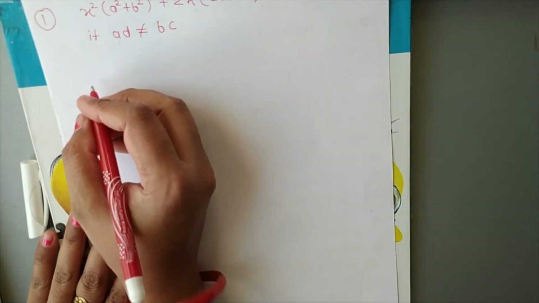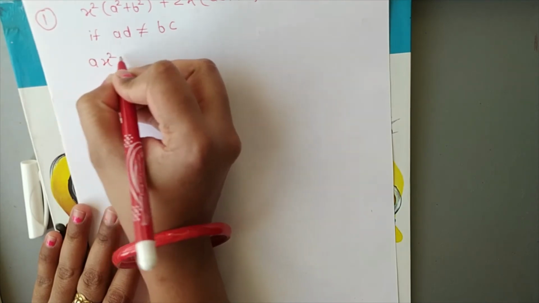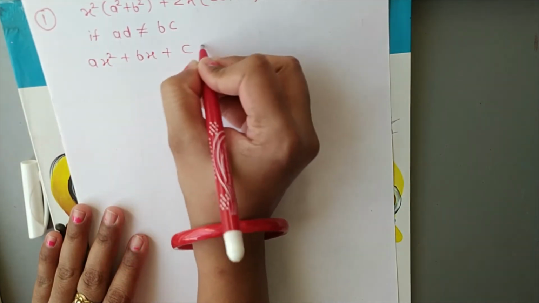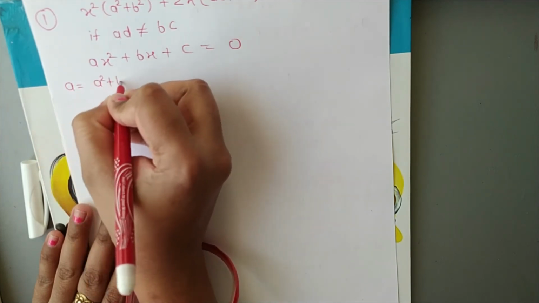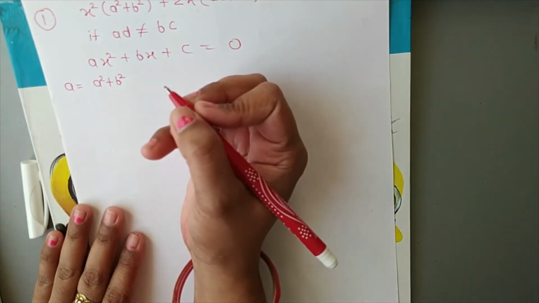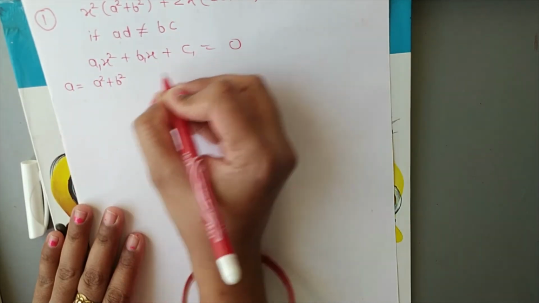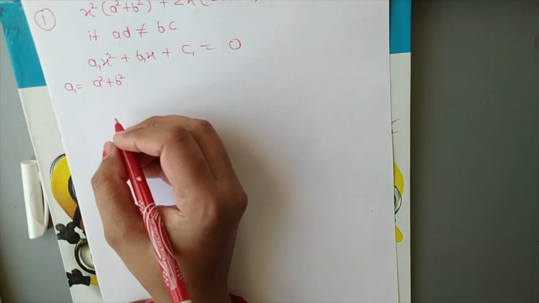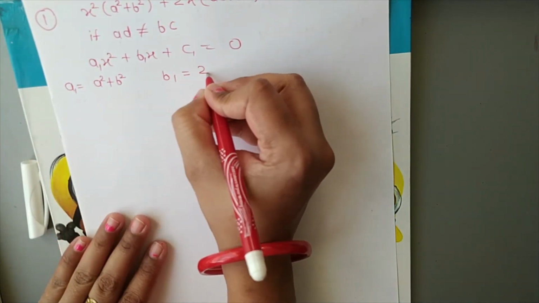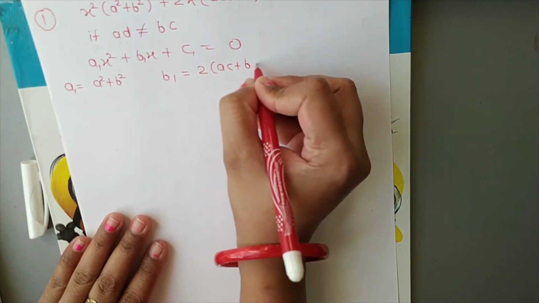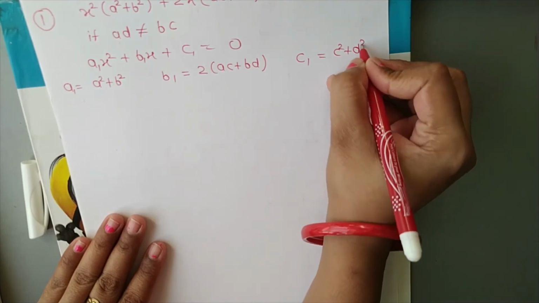First we have to compare this with ax square plus bx plus c equals 0. So we will take a1, b1 and c1. a1 is a square plus b square, b1 is 2 into (ac plus bd), then c1 is equal to c square plus d square.